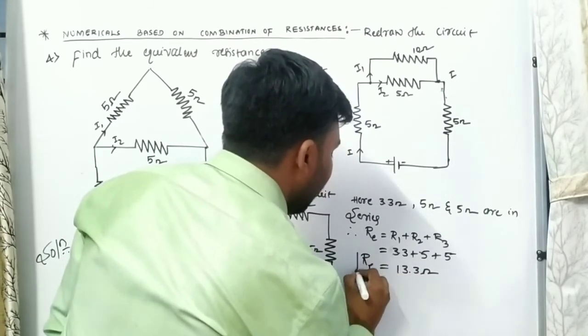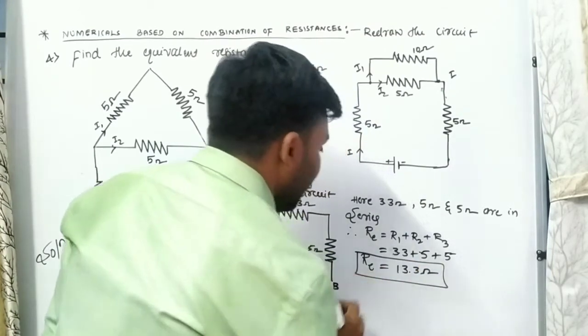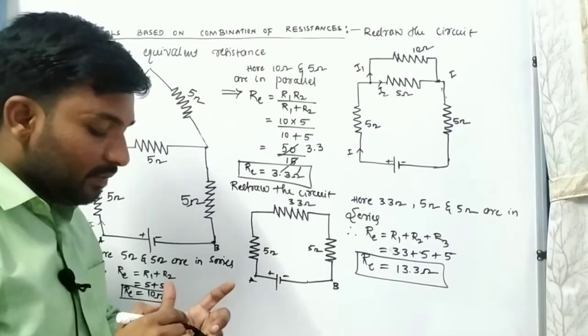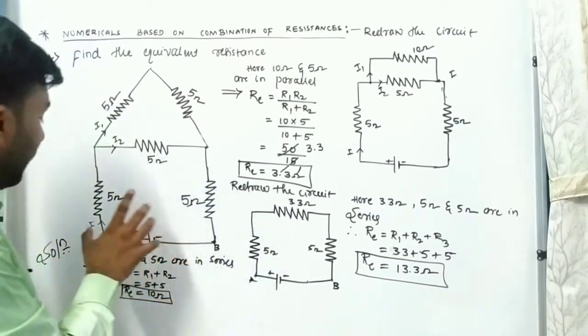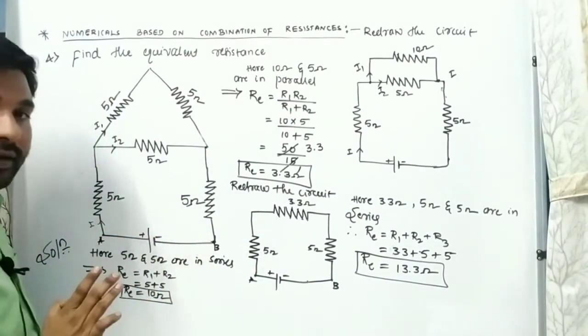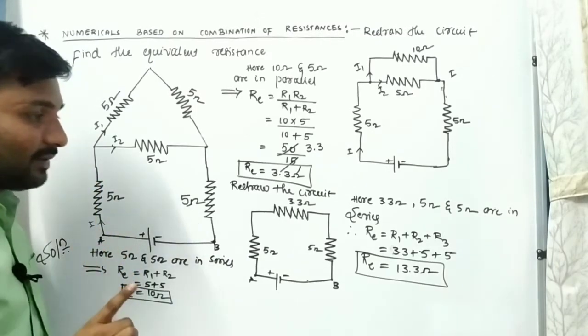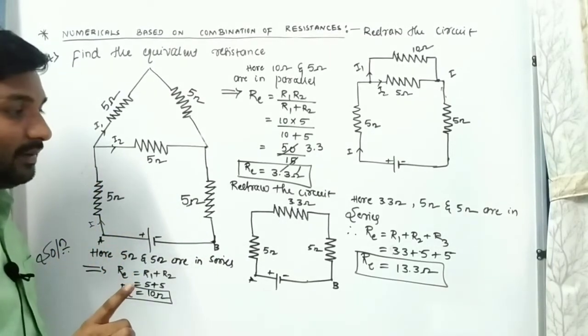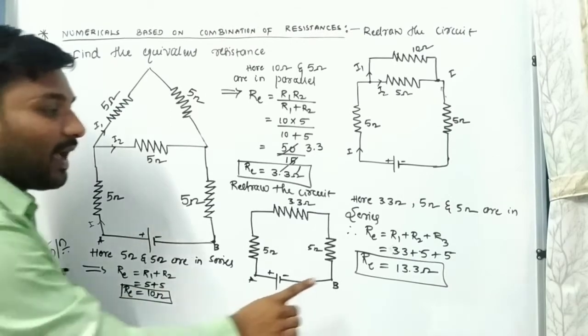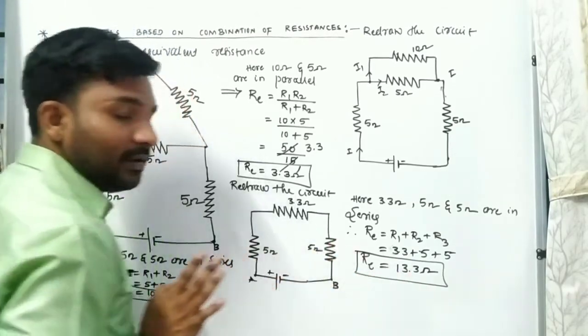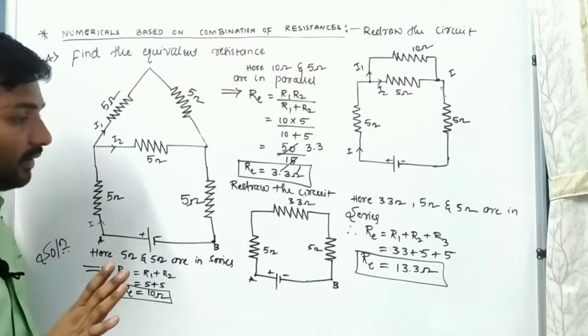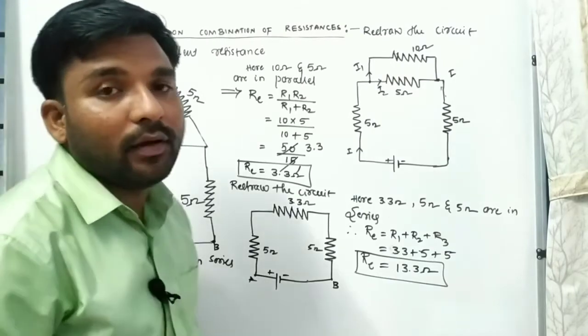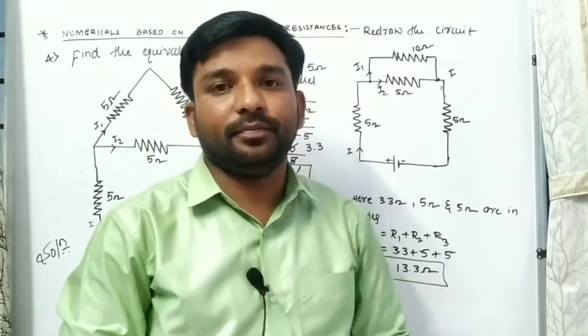So R equivalent is 13.3 ohm, which means that in between these 2 points, a single resistance, that is the equivalent resistance, we can connect, which has the resistance 13.3. Got it, right. So hence we have solved the problem.